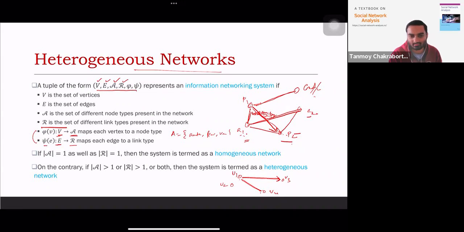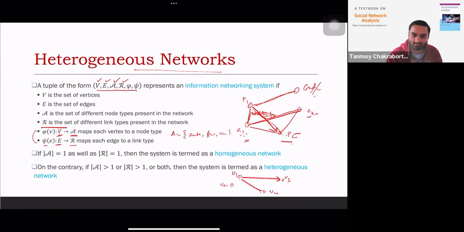In DBMS, any concept? No? There's something called the ER diagram, entity relationship diagram. I'm pretty sure you have gone through it. This is exactly the entity relationship diagram. There also you had entity types, relationship types. Here also you have node types, edge types.